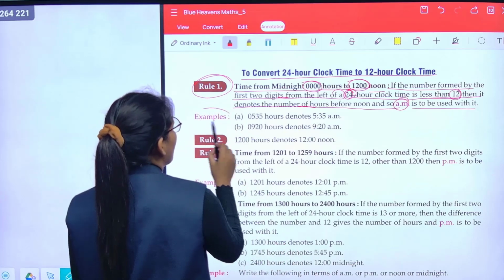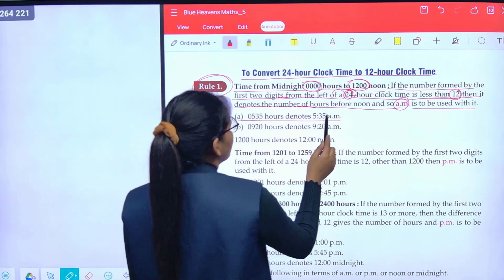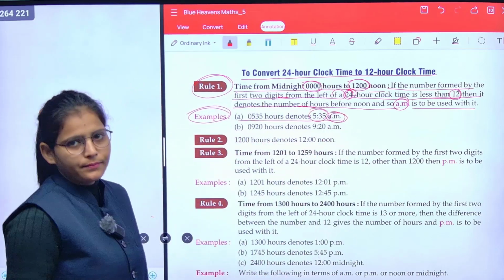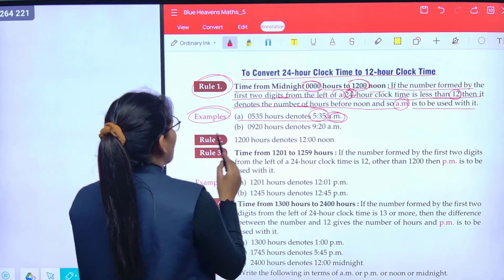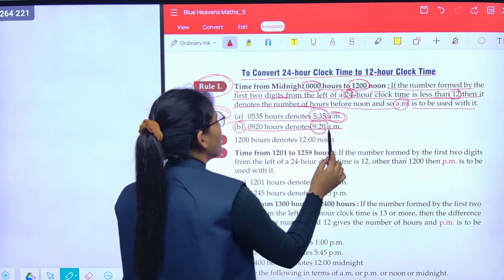Okay, see examples. 0535 hours denotes 5:35 am because it is less than 12. Now B, hours denotes 9:20 am.